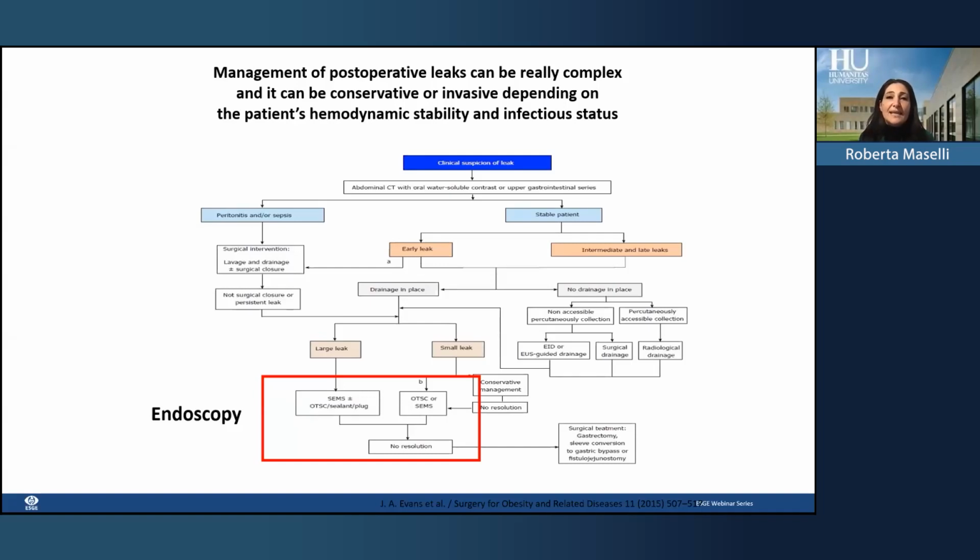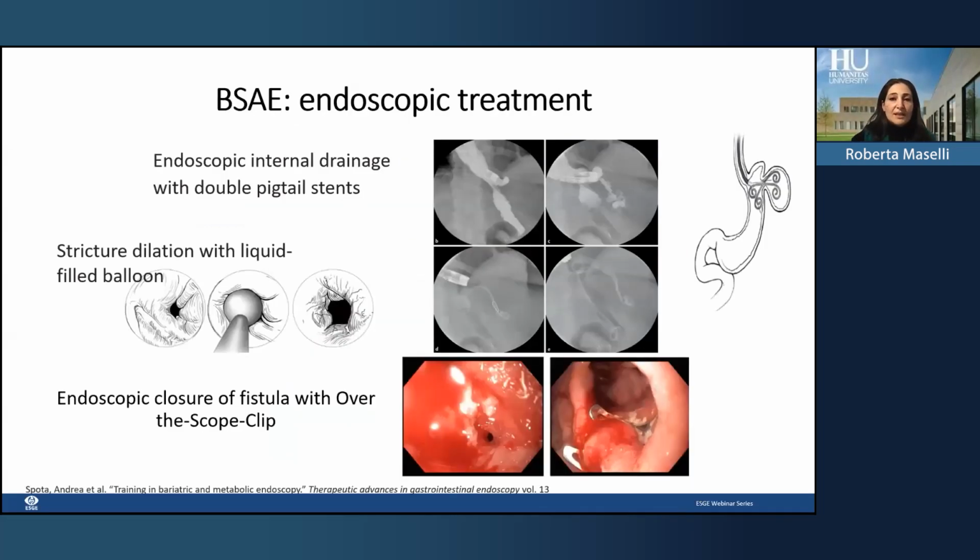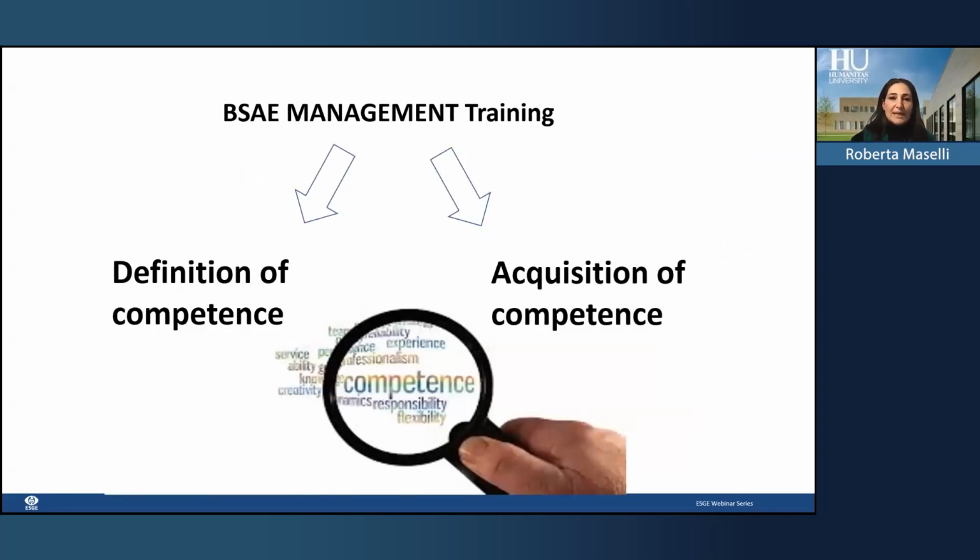And in case of a failure of our treatment, the patient will undergo, for example, surgery or something different. So which types of endoscopic treatment of bariatric surgery adverse events do we have? Again, a lot, coming from internal drainage with pigtails, or dilation of strictures with a filled balloon, or placing an over-the-scope clip or normal clips for bleeding or for very small leaks.